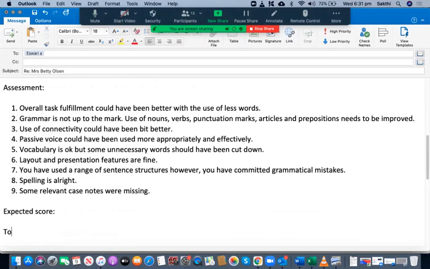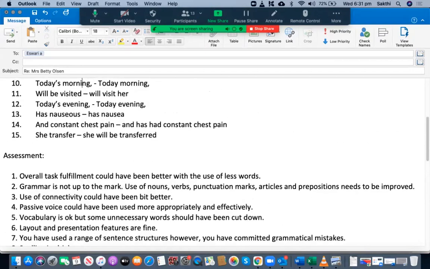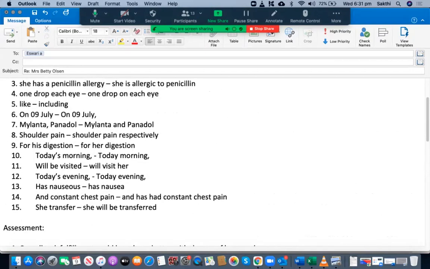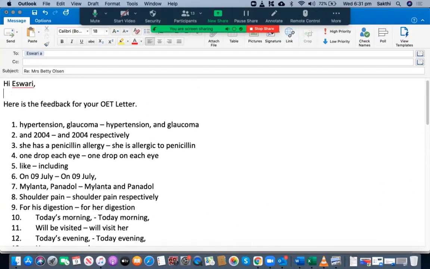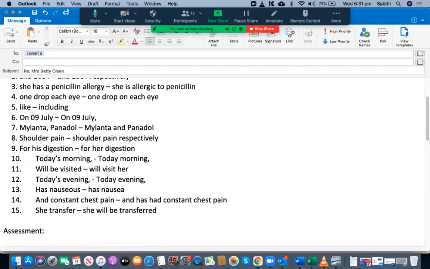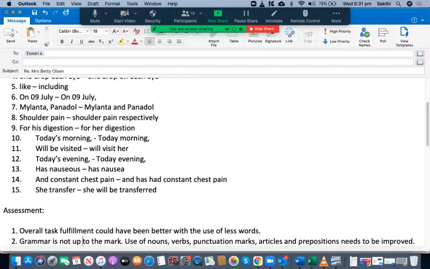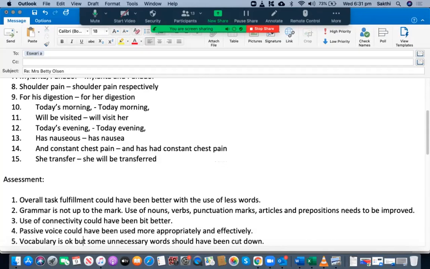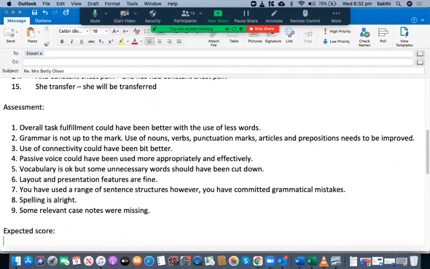Expected score. After looking at the severity, you haven't included the relevant case notes. Mistake number 1, 2, 3. Most of the mistakes are in relation to grammar. You didn't use the nouns and verbs properly, and some of them are punctuation marks.